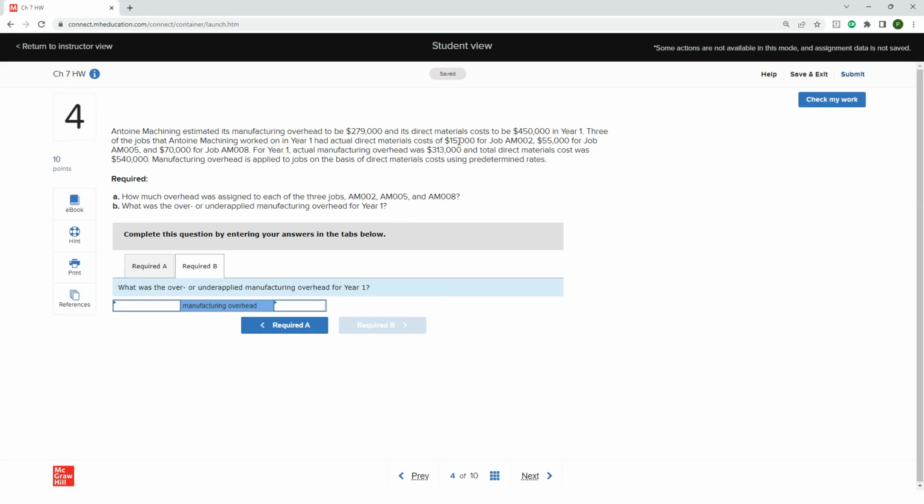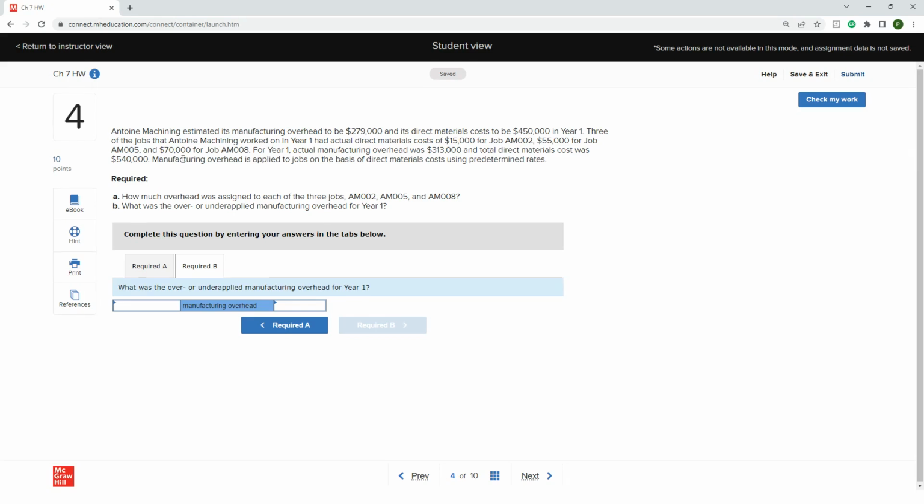So that's about $150,000 worth of direct materials. But later on in the fact pattern, it tells us the total direct materials was $540,000. So that means that there were other jobs that the company had that they're not including in this fact pattern. So part A and B are not exactly related to each other. So we'll figure this out.